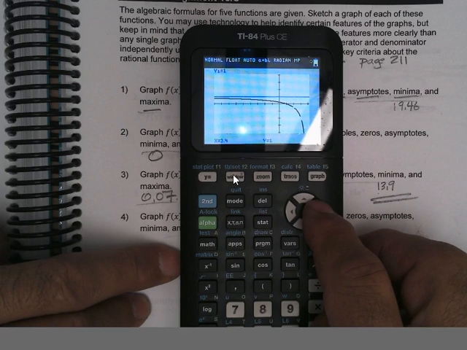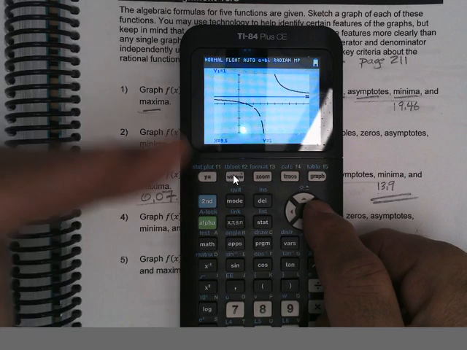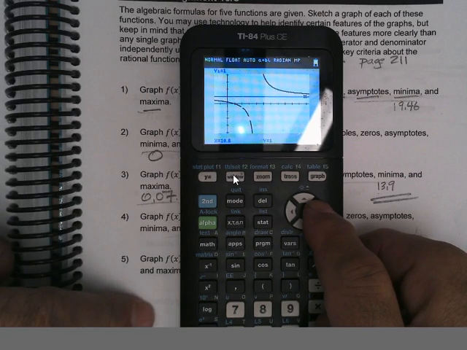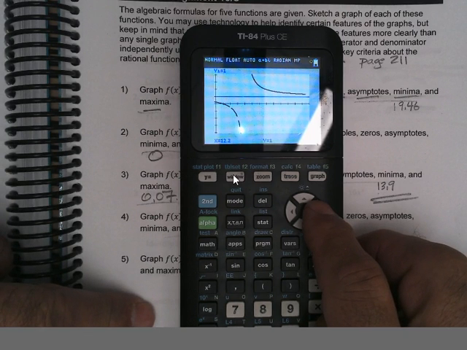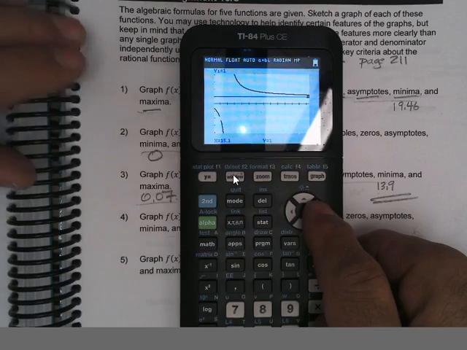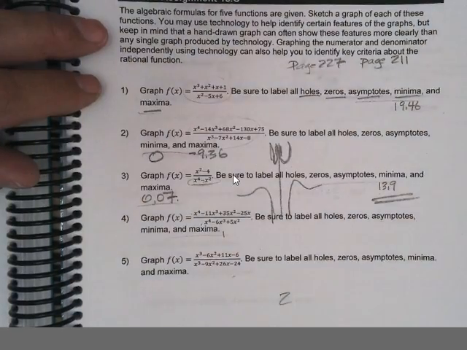Goes down there, comes from above there, and I don't think it crosses this, so it can't go down and then come back up, approaching this, so there's going to be no max or mins. A lot of the factors cancel because of the holes. So no max or mins on this one.